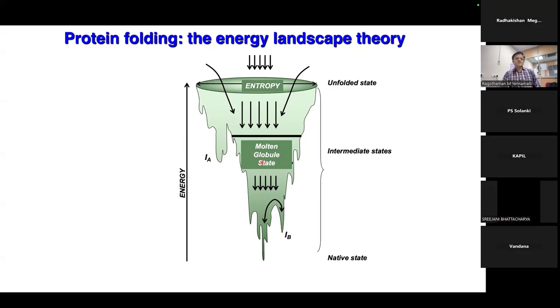Those intermediate states are okayish, but they are not favorable. They are very transient structures which we can't capture through any experimental methods. It's only a theoretical way of understanding them. Experimentally, it is very difficult to even identify the molten globule.